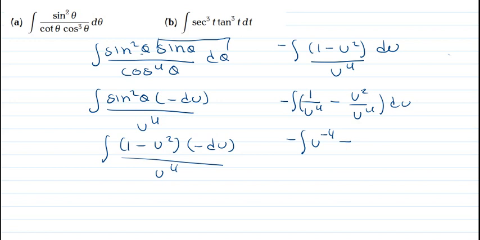Down here, when you subtract, we're going to have a 2 here. So when you take it up, it's going to be u power negative 2. Then everything du.